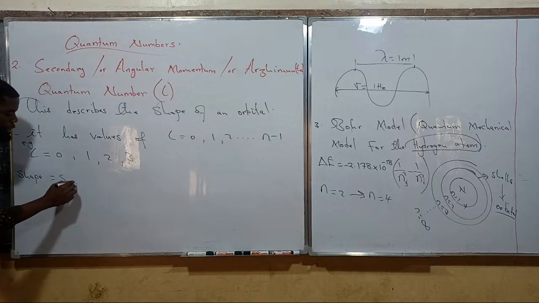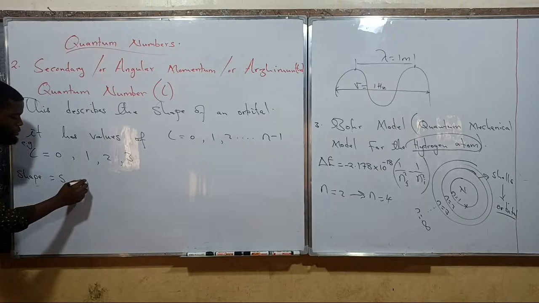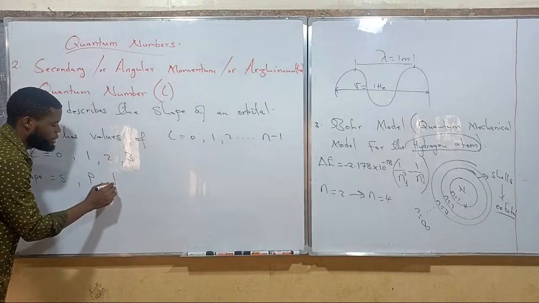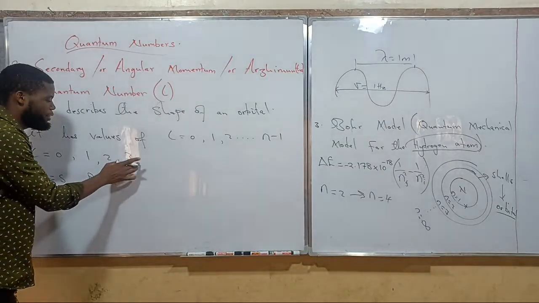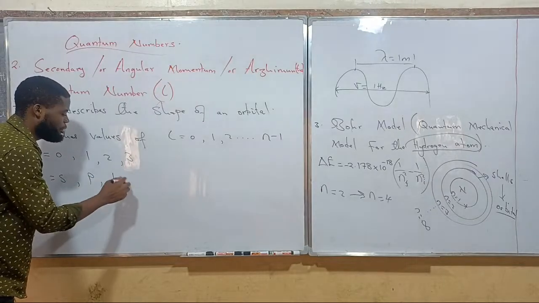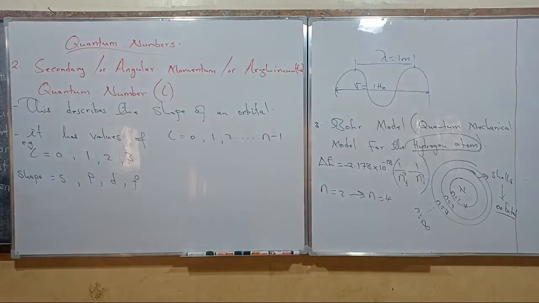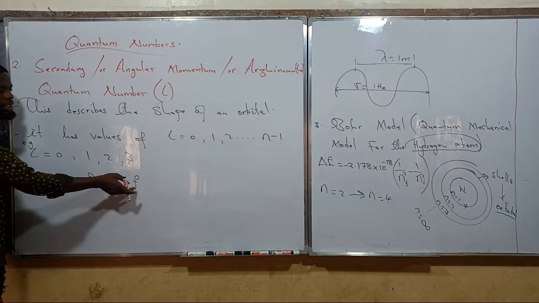If L equals 1, the shape is p. If L equals 2, the orbital is a d orbital. If L equals 3, it is an f orbital. So for each value of L, the specific shape will be s, p, d, f.